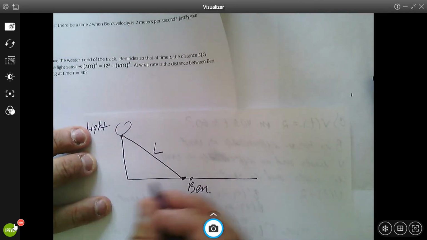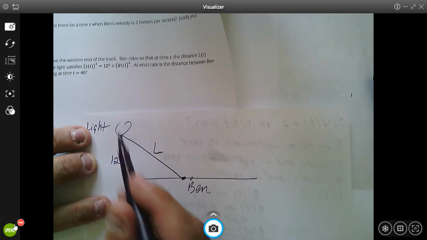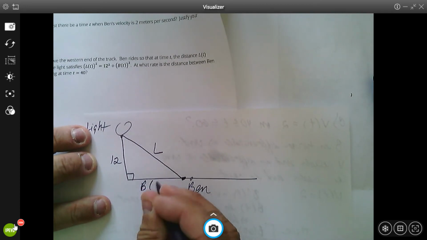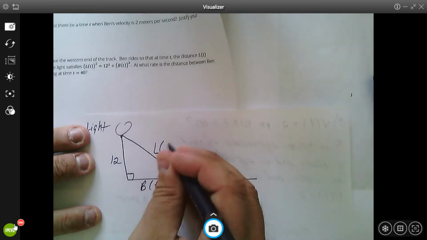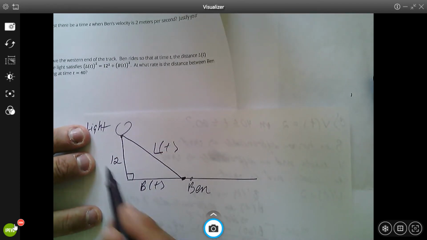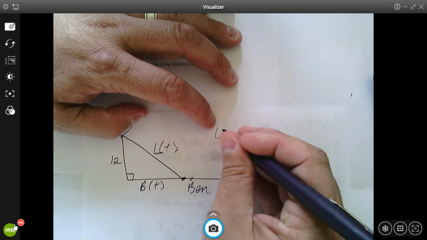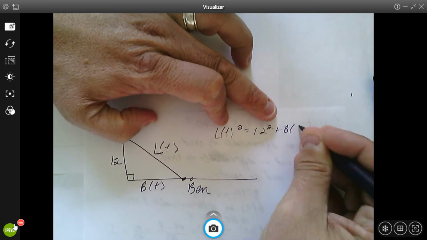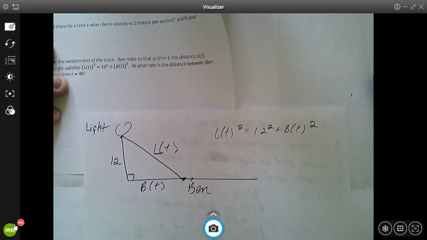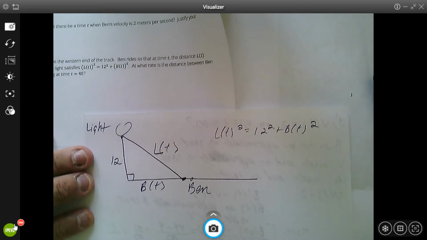So L is the distance between him and the light. It must mean that the light is 12 feet tall. B of t is his distance from that point. You've got L of t, B of t, and 12. So that gets us this relationship that L of t squared equals 12 squared plus B of t squared. They were kind. They gave that to you.